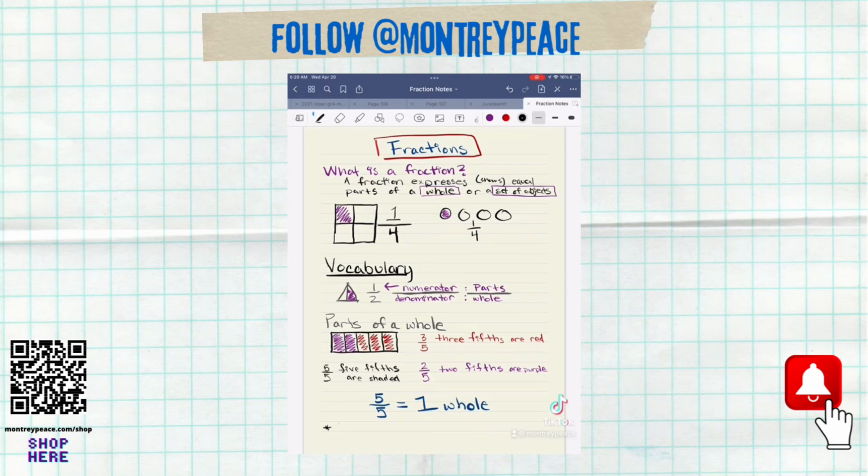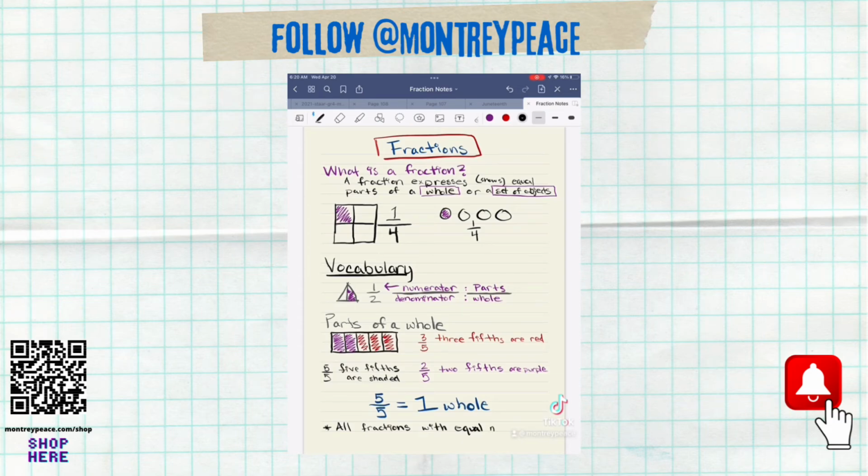And the key to this is any fraction where, don't start writing yet, because I'm gonna mess this up. Wait for me to get this definition down, and then you can start writing it. But in a nutshell, if the numerator and the denominator are equal, it's one whole, guys.